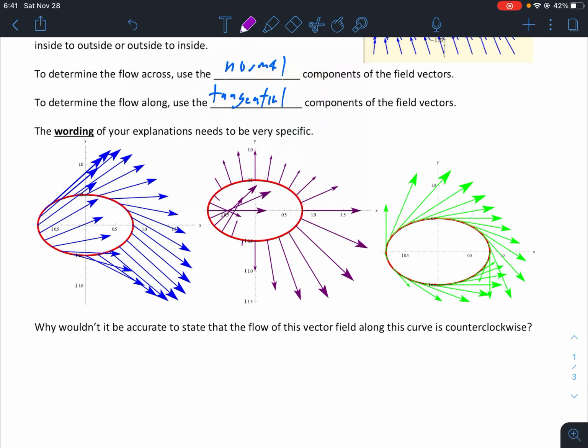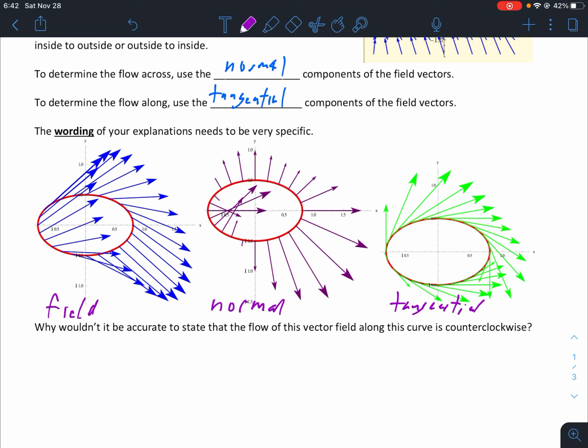So here we have a question. We see 3 fields here, and we want to know which one is the actual field, which one's a normal field, which one's a tangential field. It's pretty obvious that the middle one is the normal, and that the last one, the green one, is the tangential, which means that the first one, the blue one, must be the actual field, the combination of the normal and the tangential.